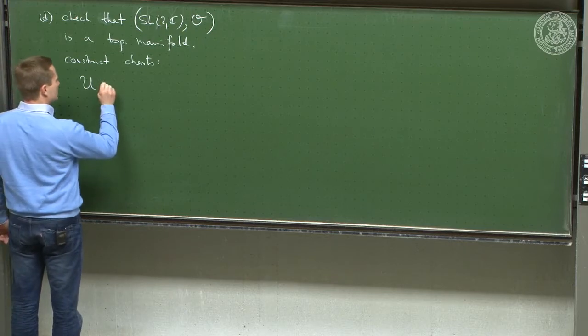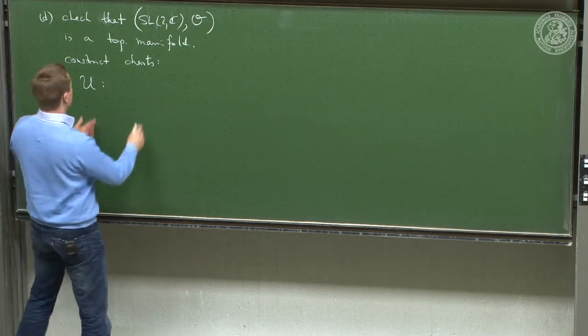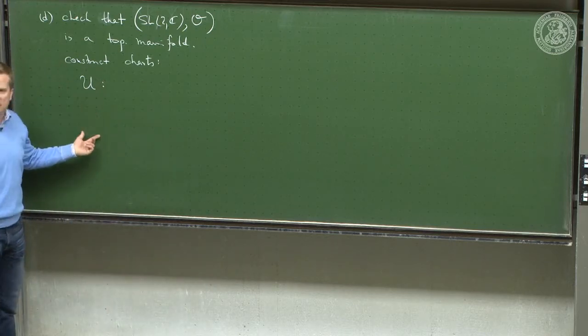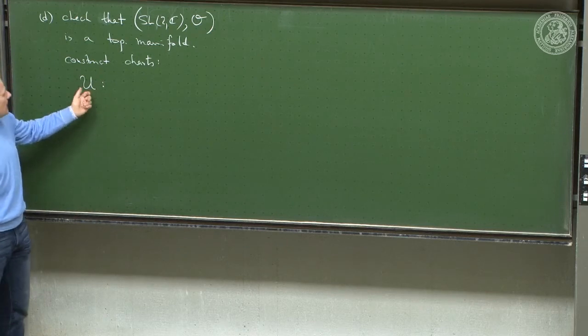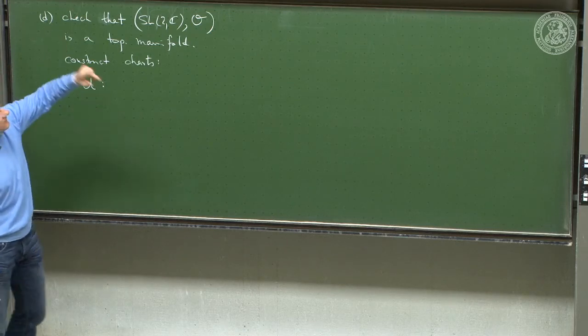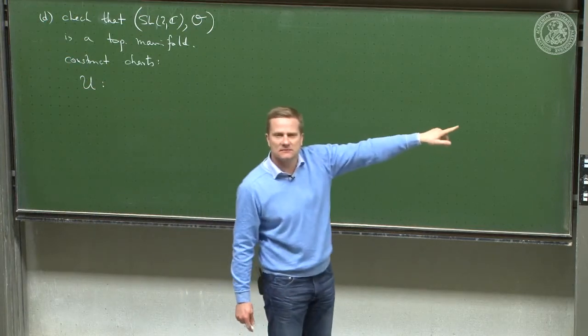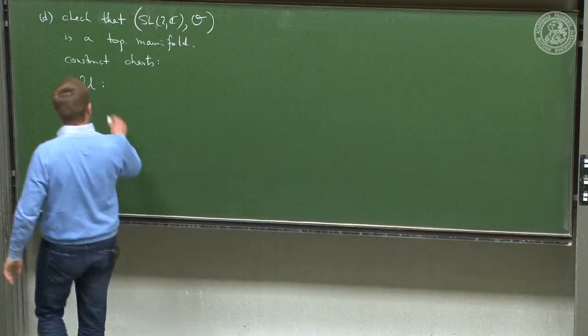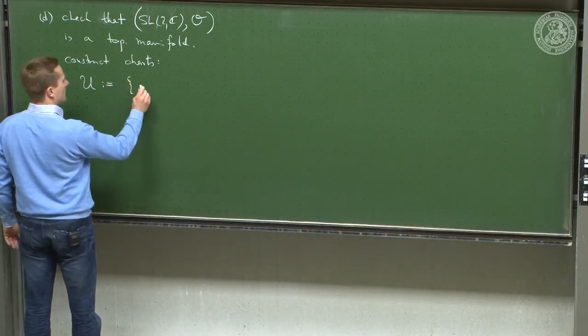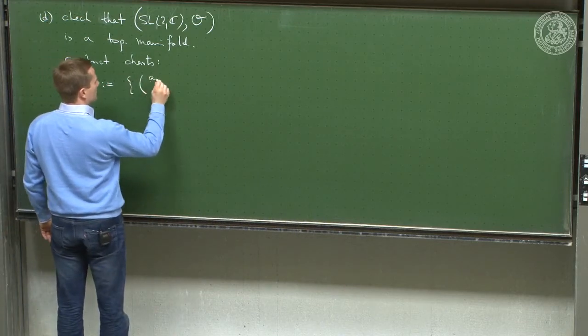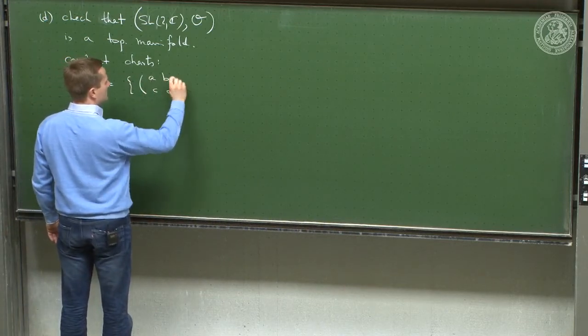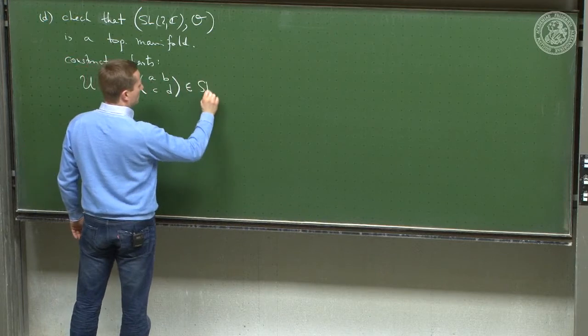A chart consists of a chart domain and a chart map. The chart domain is a subset of the topological space, right? So I need to define U as some subset A, B, C, D of the topological space.